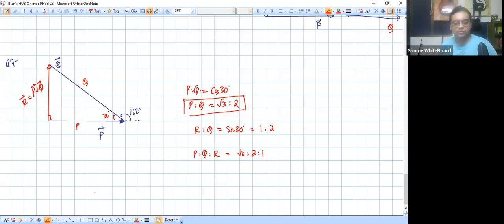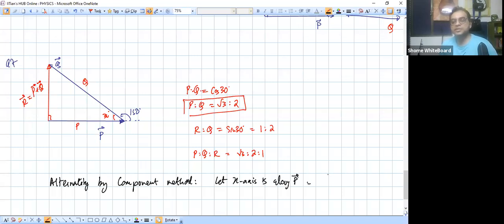Another way of doing the question is you can use component algebra. So alternately, by component method, we can do like this. Suppose x-axis is along P. So therefore we can write the vector P as some P i cap.